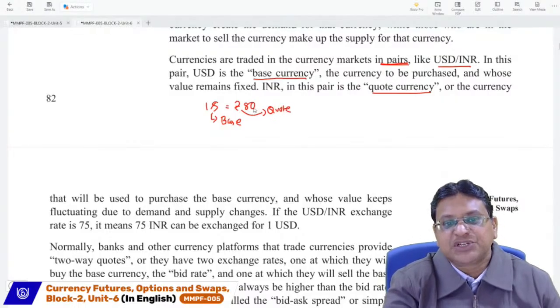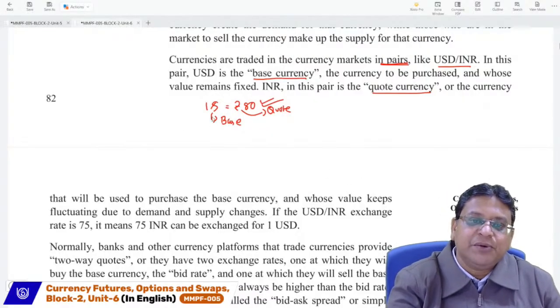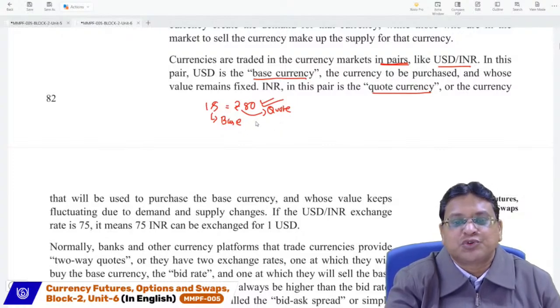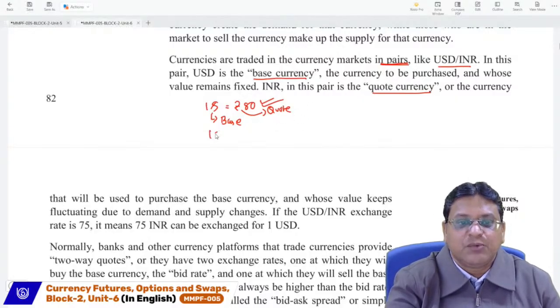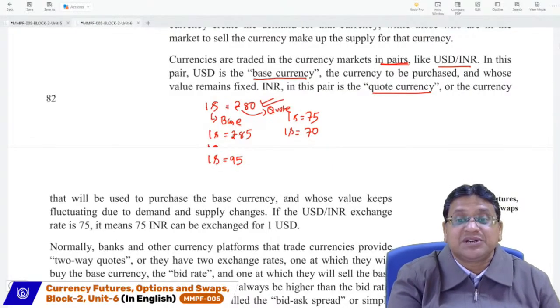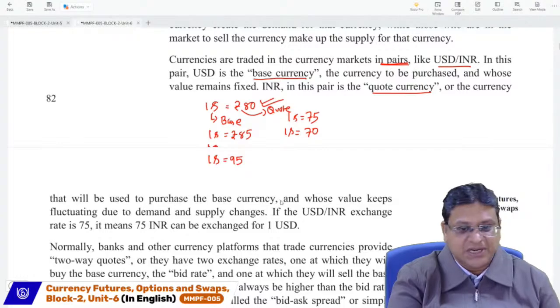The dollar value is quoted in terms of rupees. The base currency value normally does not change, but the quote currency value goes on fluctuating. It may go on increasing or decreasing. Like $1 may be rupees 85, rupees 75, rupees 70, or rupees 95. The value of the quote currency changes, but the value of base currency remains constant.